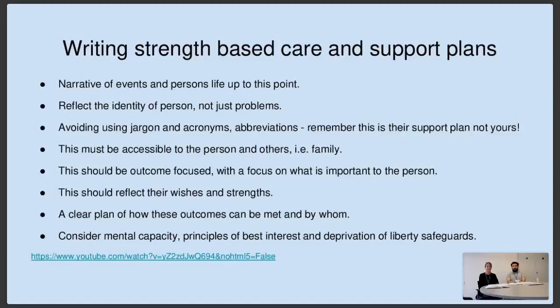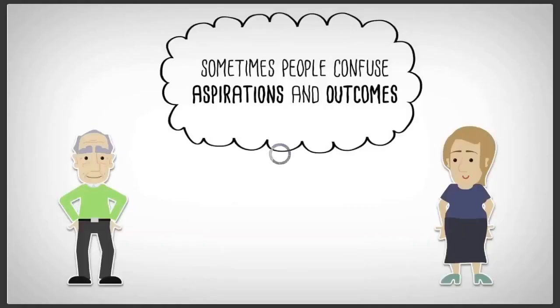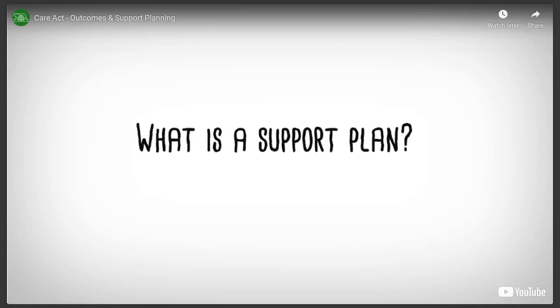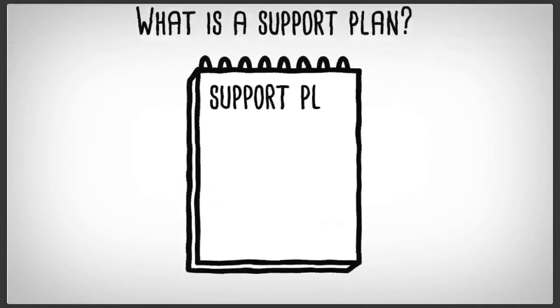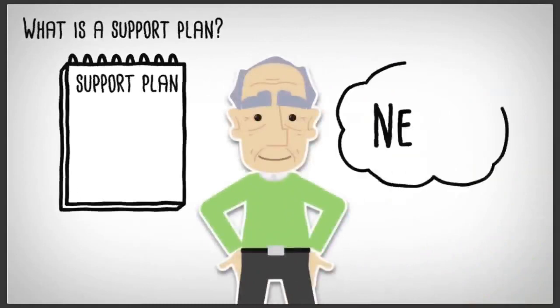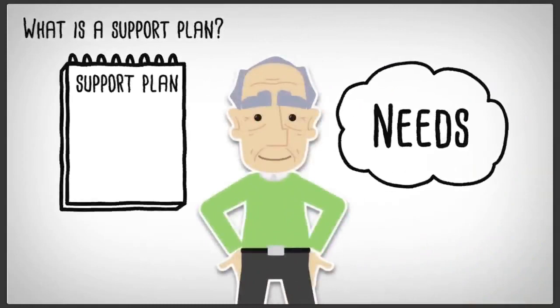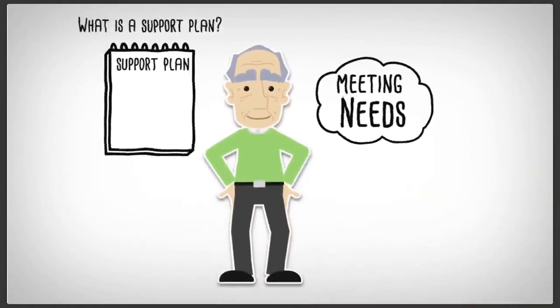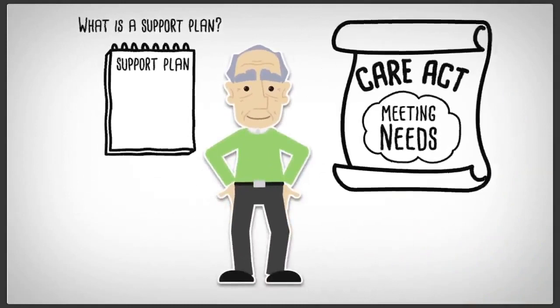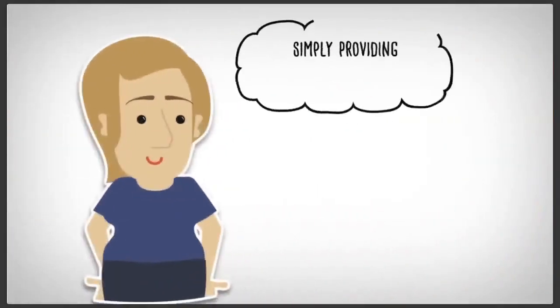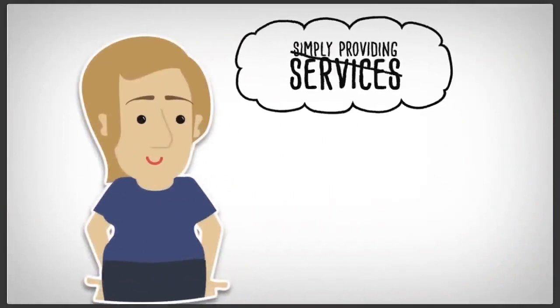And then we've got a very short video on kind of support planning. What is a support plan? The purpose of a support plan is to agree how a person's needs are going to be met. Meeting needs is an important concept under the Care Act, as it moves us away from the idea of simply providing services.